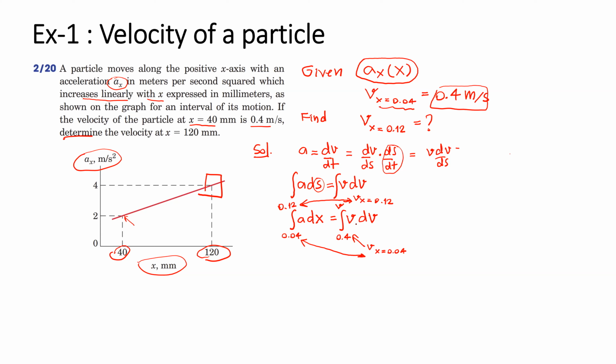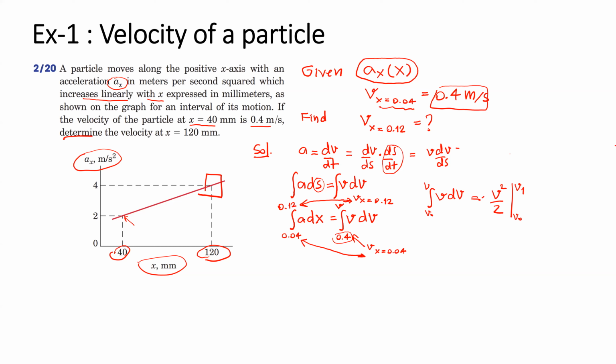On the right hand side, it seems we don't have anything to be concerned about, because we know that the integration of v dv is v squared over 2, with limits v0, v1, for example. We have one value that we know and another value that is unknown, which we are going to solve for.